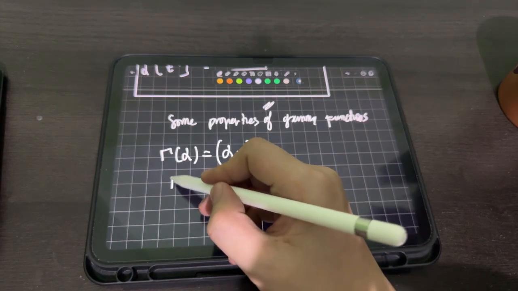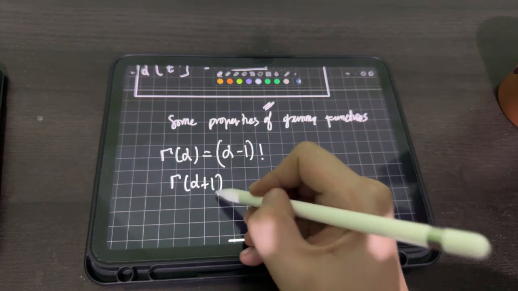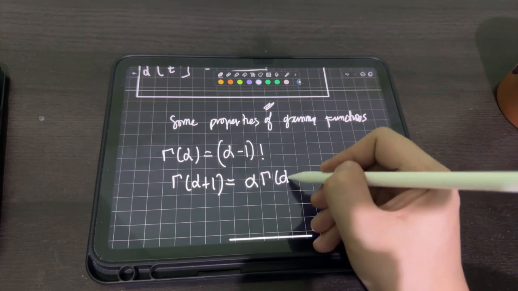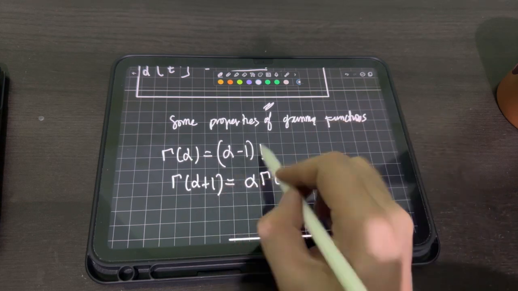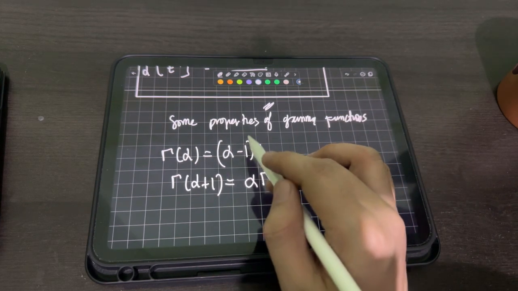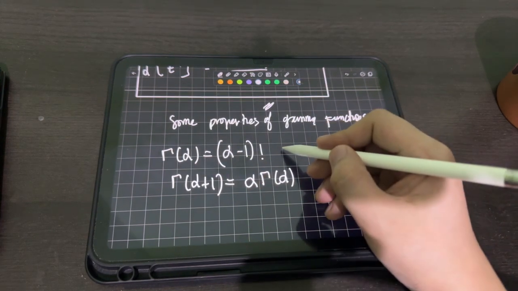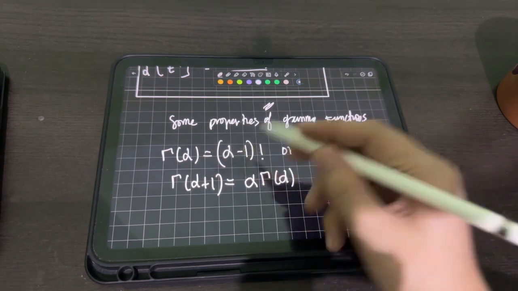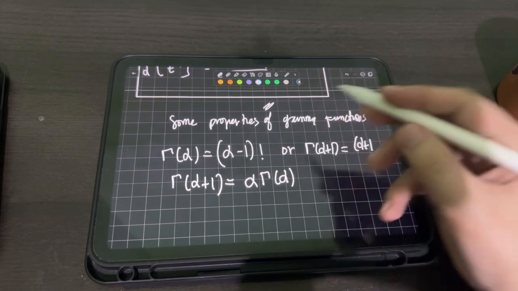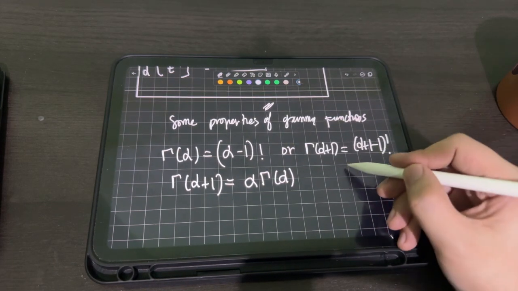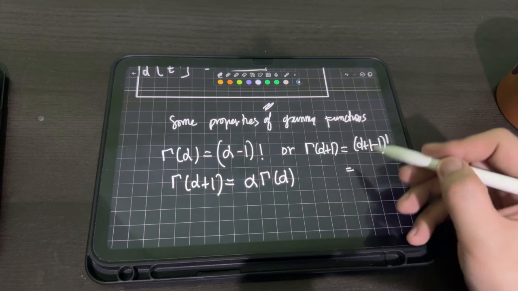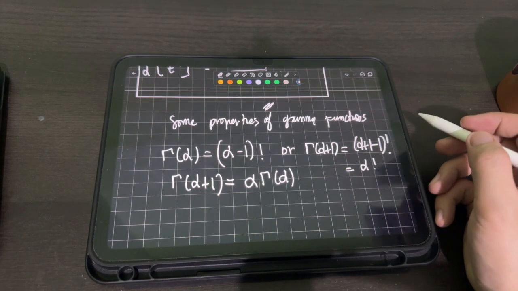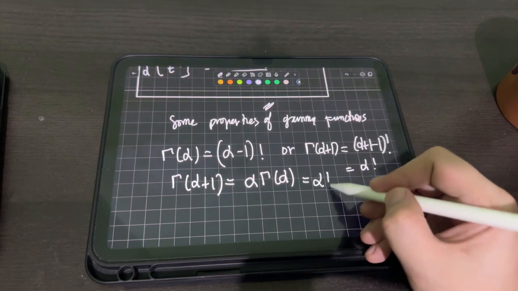And then, the gamma of alpha plus 1 is equal to alpha gamma of alpha. But from this one, you can also conclude that if you substitute gamma of alpha plus 1 here, it will be alpha plus 1 minus 1 factorial. So therefore, gamma of alpha plus 1 is just alpha factorial, right?